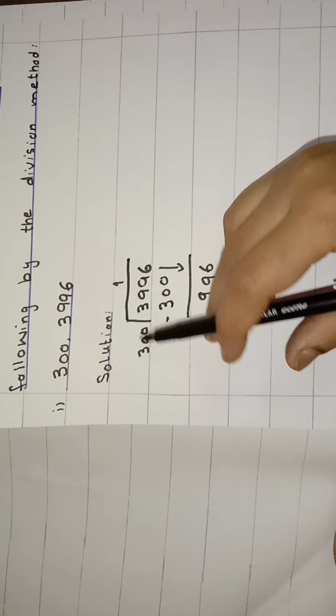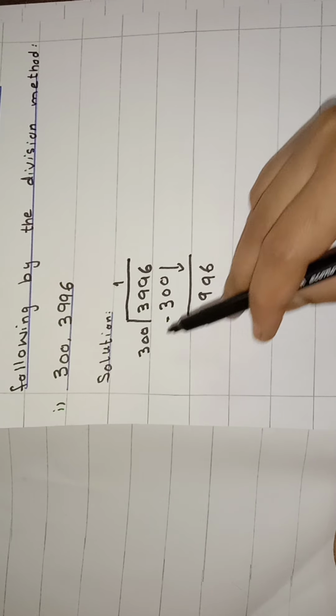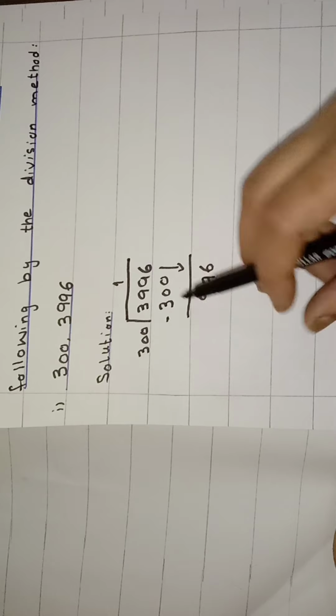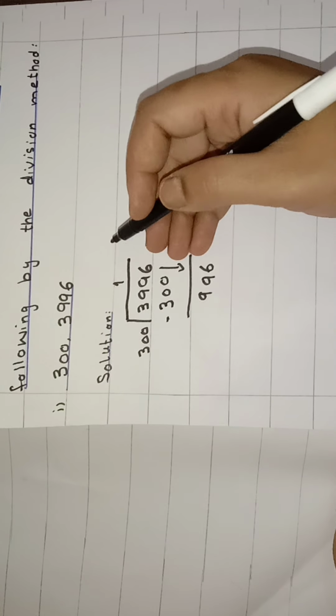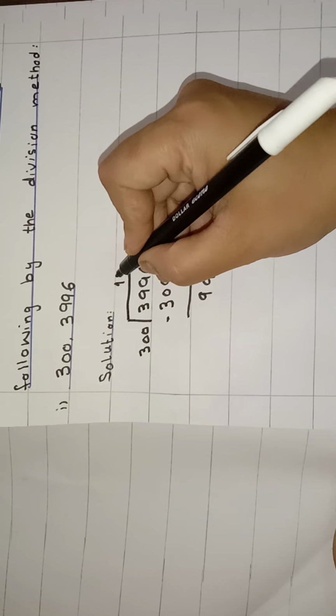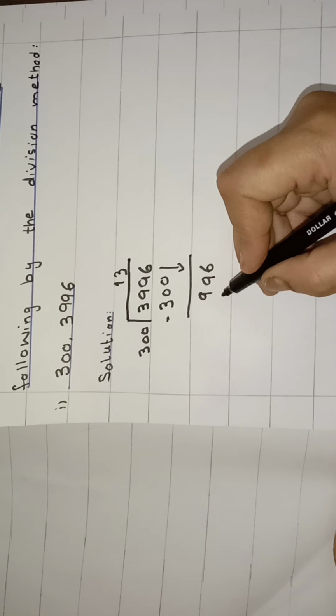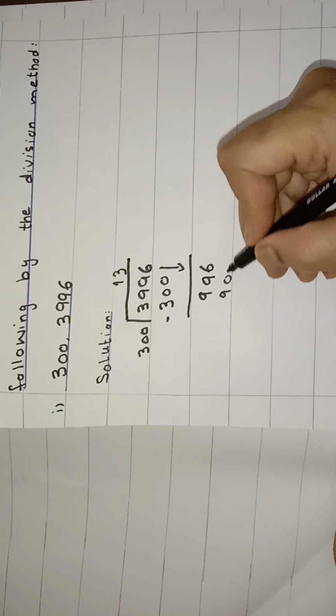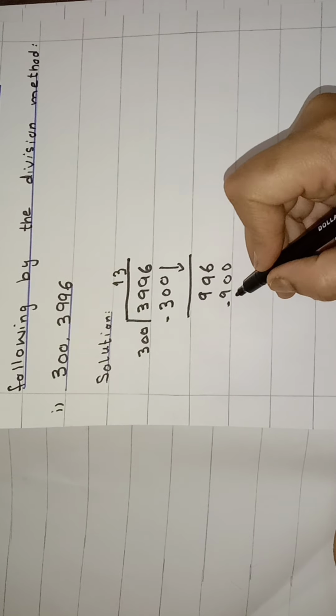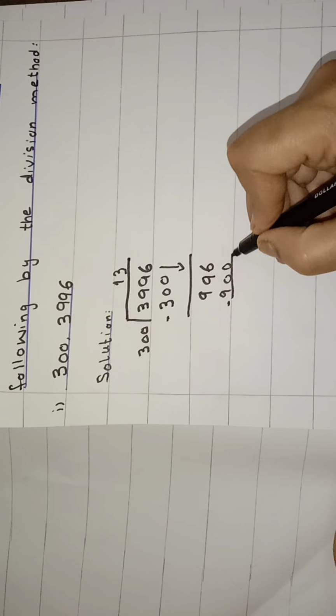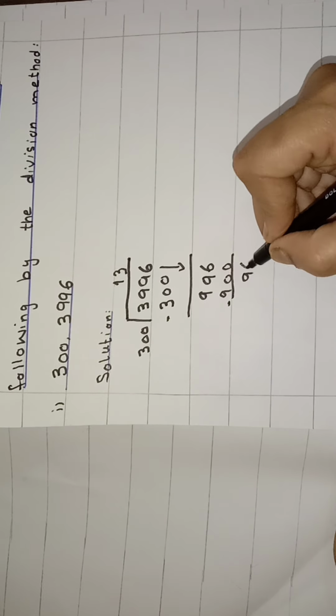Still you can see that 300 can divide 996. 300 threes are 900. On subtracting we get 96.